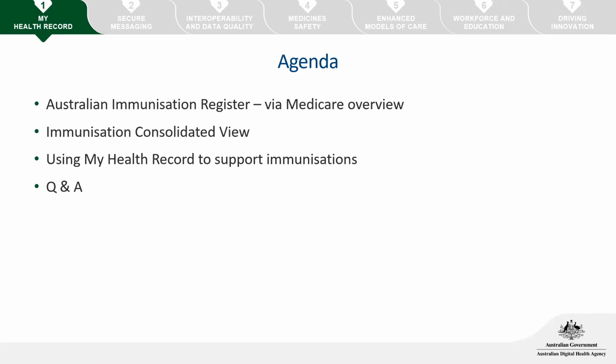So what functions are available in that, how it differs to the Medicare Overview. We'll also discuss how you can use this information as well as other documents within the My Health Record system to support your practice in administering and providing vaccinations.